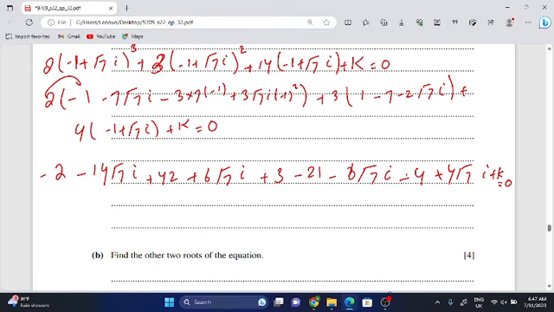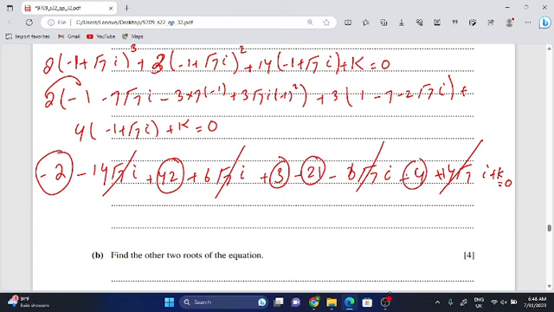So 14 square root of 7 i and 14 square root of 7 i can be cancelled. 6 square root of 7 i and 6 square root of 7 i can also be cancelled. Remaining quantities would be minus 2, 42, 3, 21, 4 and k.